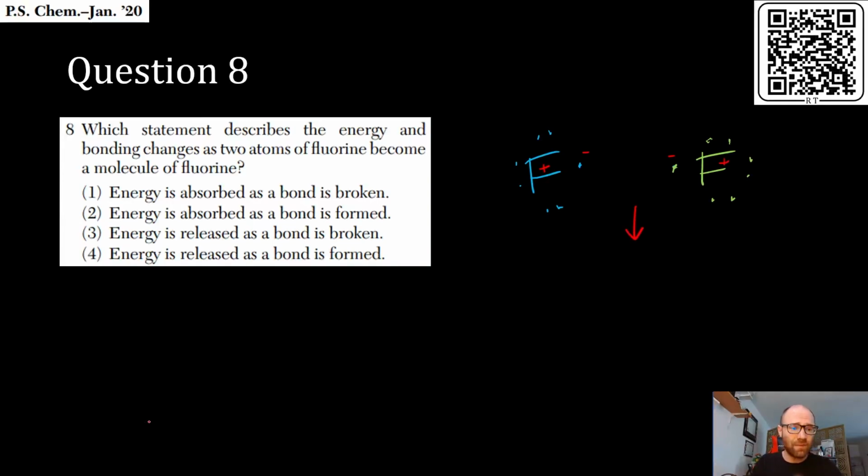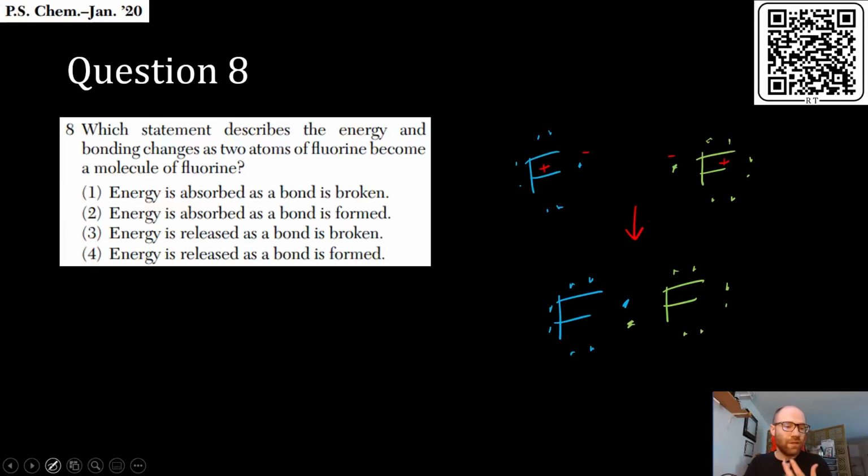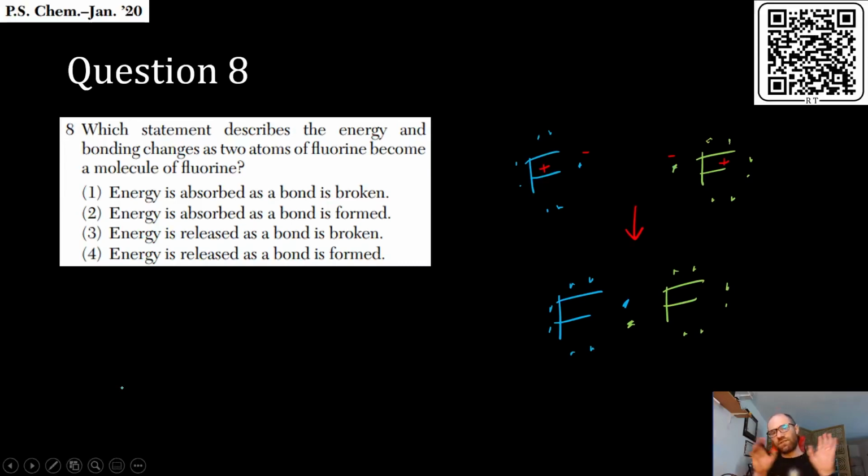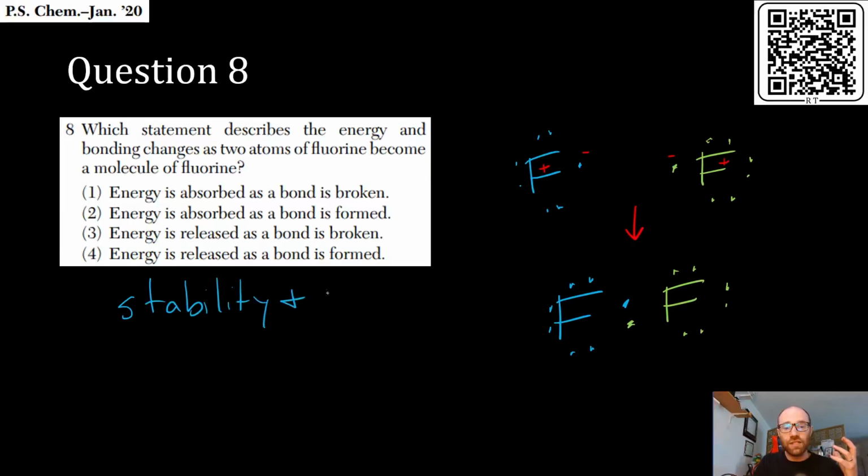So as these 2 elements come together to form a molecule, you have a situation where all of these negative and positive charges were further apart, and now they've come together. The reason they come together is due to that attraction. The other reason they come together from an energy standpoint is stability. And the real big thing for you to keep in mind here is that stability and energy are opposites.